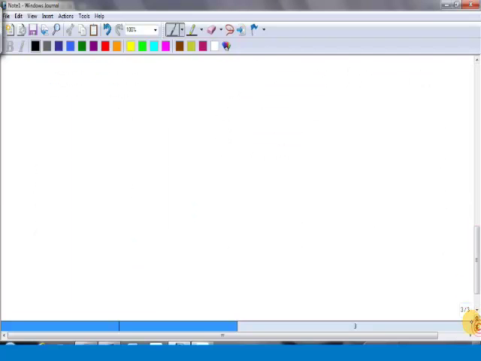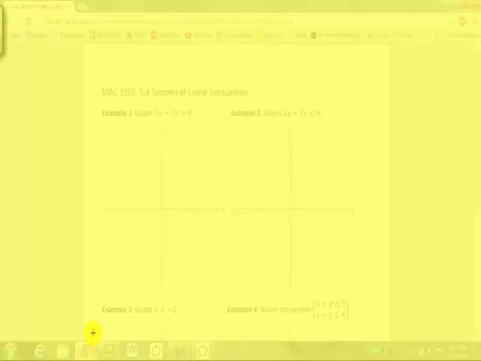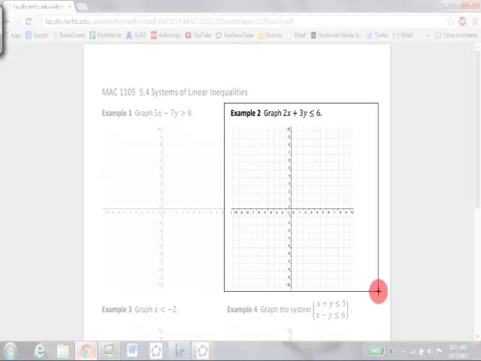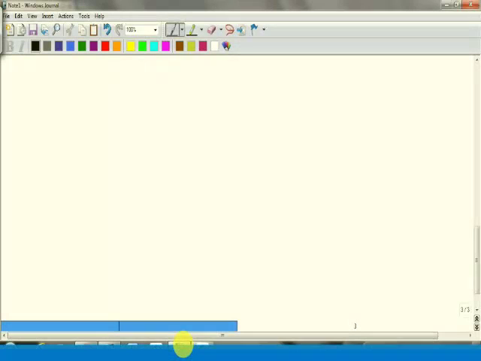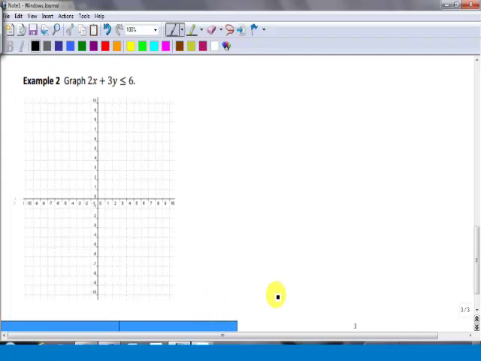Let's look at example 2 and see what different thing it has to offer us. It's also in standard form, but it does not have 0 on the right-hand side. So using the x and y intercepts might be an effective way to sketch this graph.